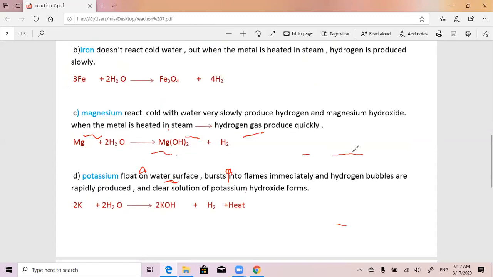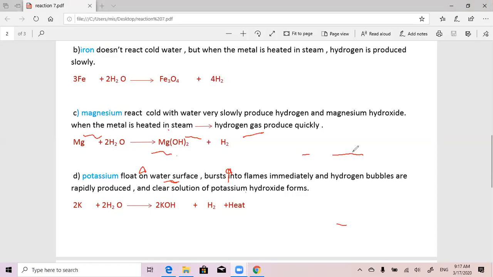The third one, magnesium. Magnesium reacts with cold water, but very slowly, to produce hydrogen and magnesium hydroxide. When the metal is heated in steam, hydrogen gas is produced quickly.